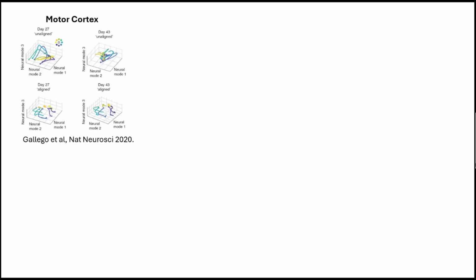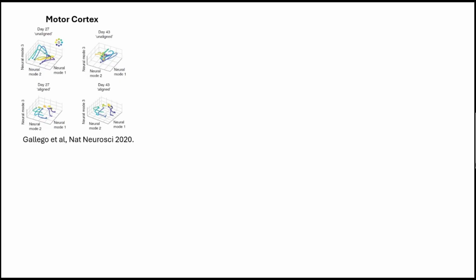I want to move on to the second salient characteristic of representational drift. Now, I showed you an example from hippocampus, but this is seen all over the brain, all over the cortex at least. Here's an example from motor cortex. These are monkeys moving a joystick in one of 6 possible directions.